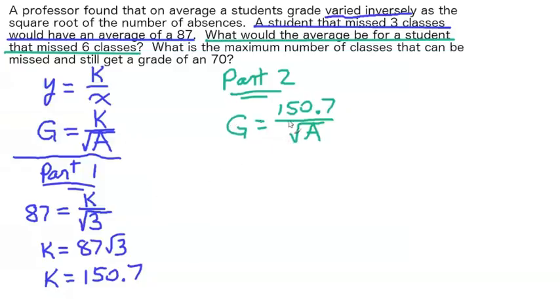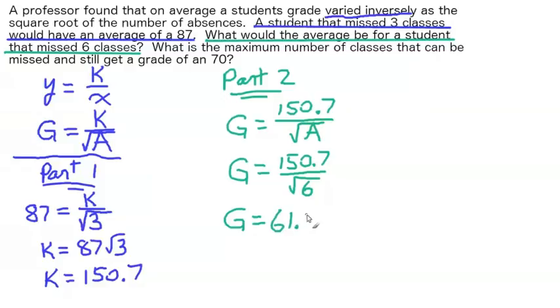So what we know here is the number of absences, and what we're looking for is the grade. So the grade is going to equal 150.7 divided by the square root of the number of absences, in this case 6. Alright, so take that and divide by the square root of 6, and you get 61.5. So we would expect a student to get a 61.5 average in the class if they've missed 6 classes.